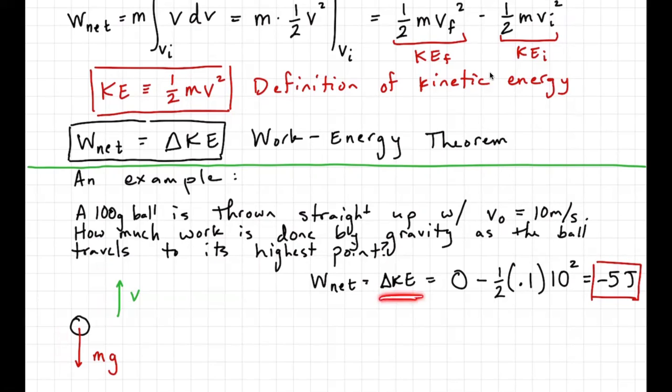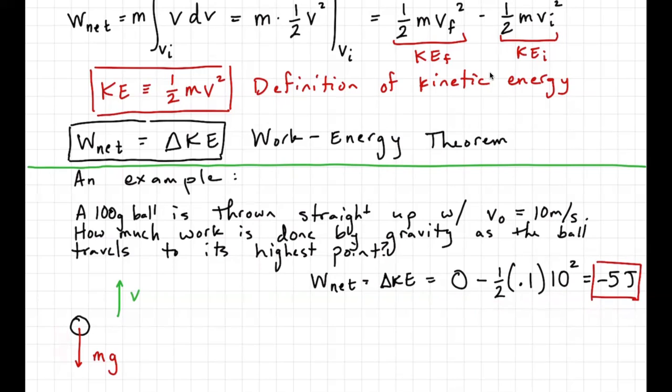This does, though. The change in kinetic energy is negative because the velocity started out positive and went to 0. That means it's slowing down. If you slow down because the force is acting opposite your direction of motion, then the work is negative.